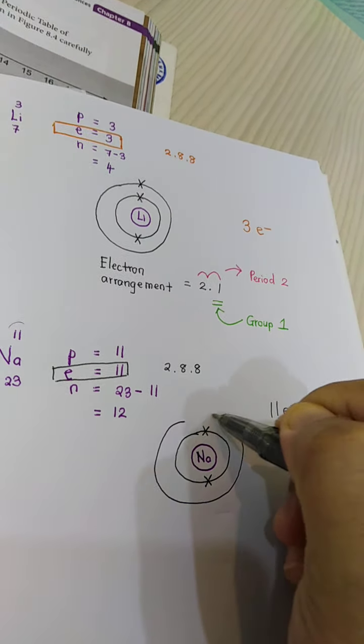So, draw another 8 here. So, how many electrons have I already drawn? 8 plus 2 is 10. So, I need to draw another electron. So, I need to create the third electron shell.